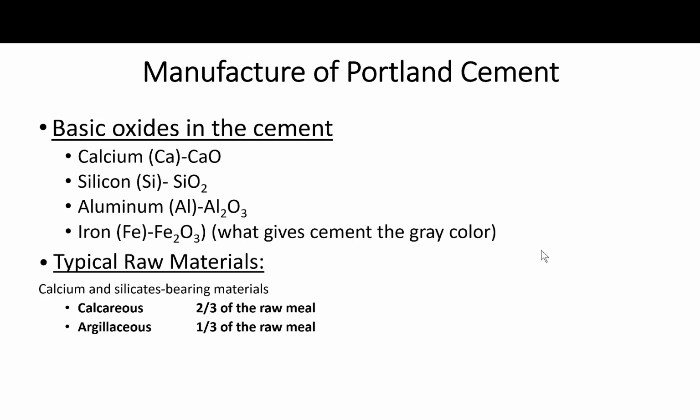Raw materials, which basically are in two categories. The first one, calcareous material, which provides the lime, which is about 2/3 of the raw meal, and the argillaceous materials, where we get the silicates, about 1/3 of the raw meal.